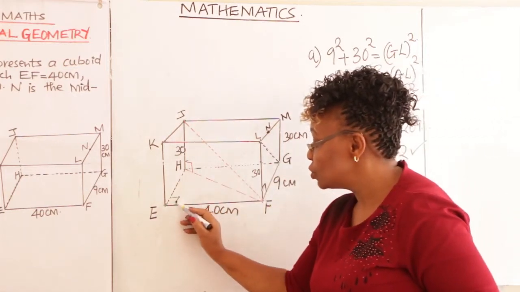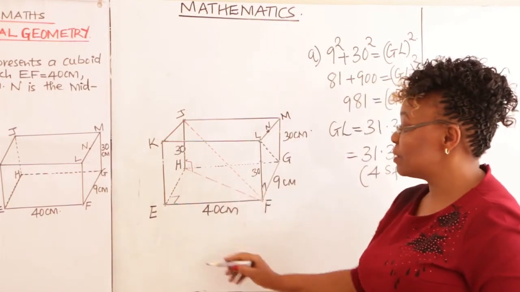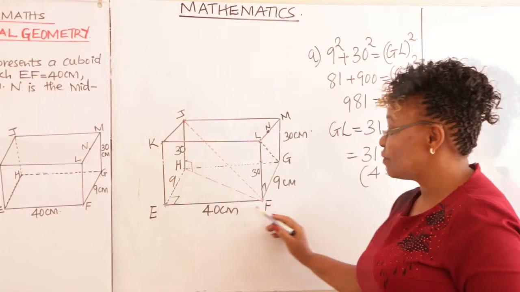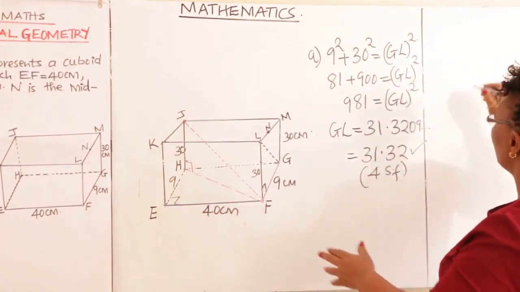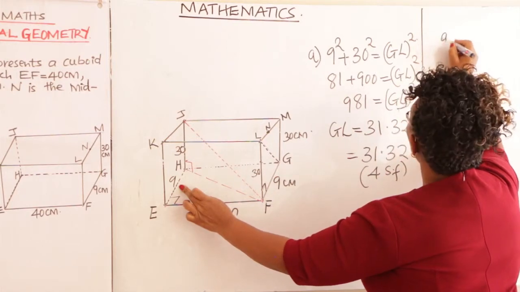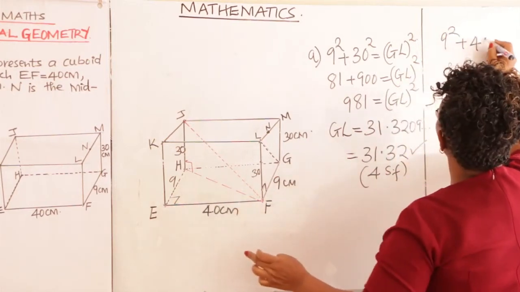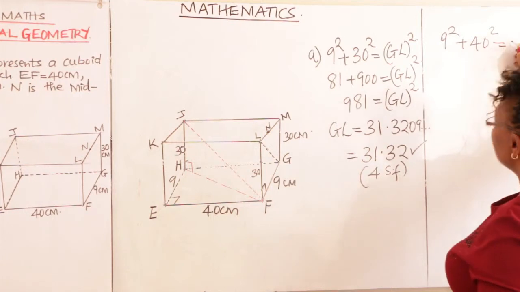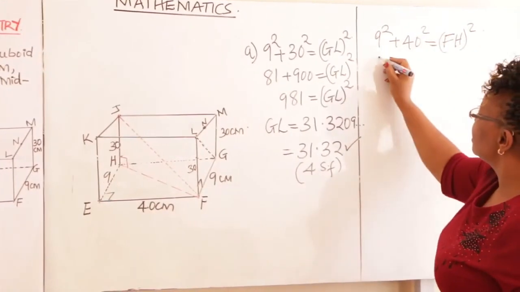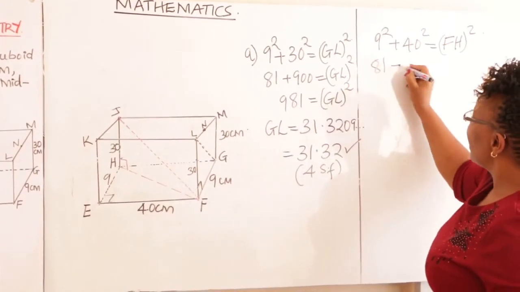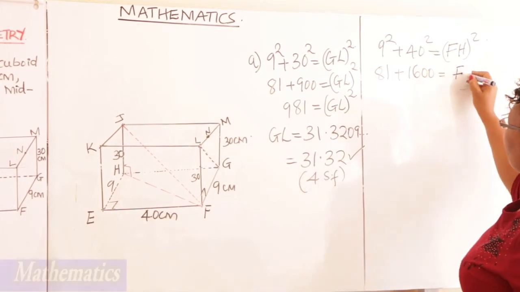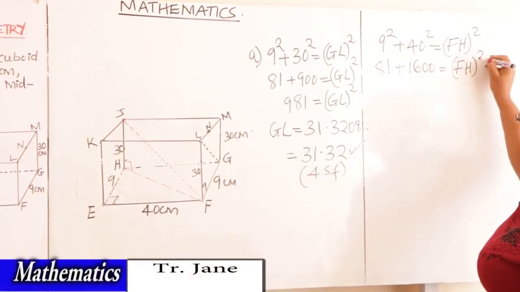So how do you find the diagonal of the base? This side is 9 of the base. This is 40. So we work out that diagonal by Pythagoras theorem, and therefore it will be 9 squared plus 40 squared to give us FH squared. So this is 81 plus 1600 is equal to FH squared.